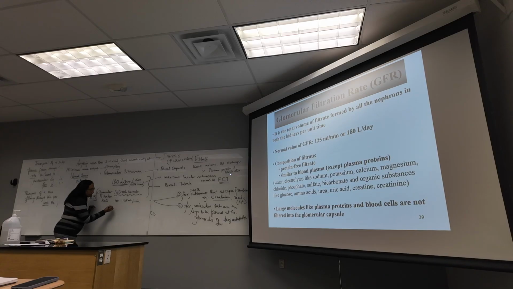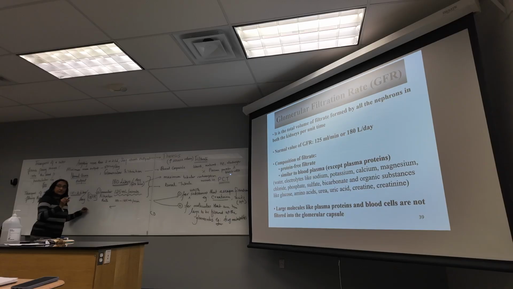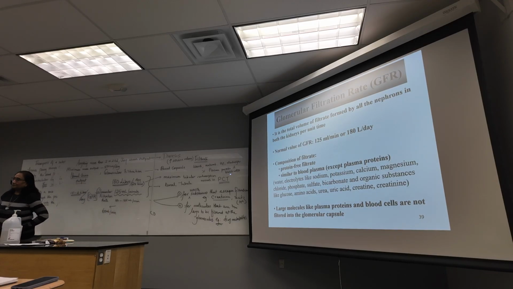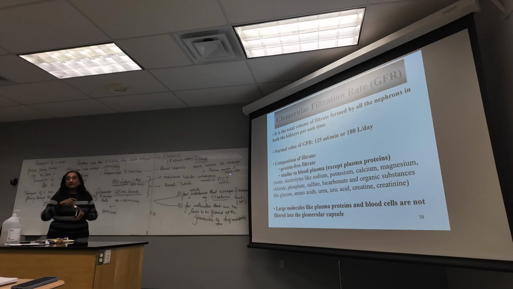Yes, if the GFR falls less than 100, then it is a cause of concern. Okay? If you are checking the GFR, if you're looking at the kidney functions and you find that the GFR is only 60 ml per minute, this definitely indicates a kidney issue. Okay, so people who are having kidney disorders, you constantly are looking at kidney function.